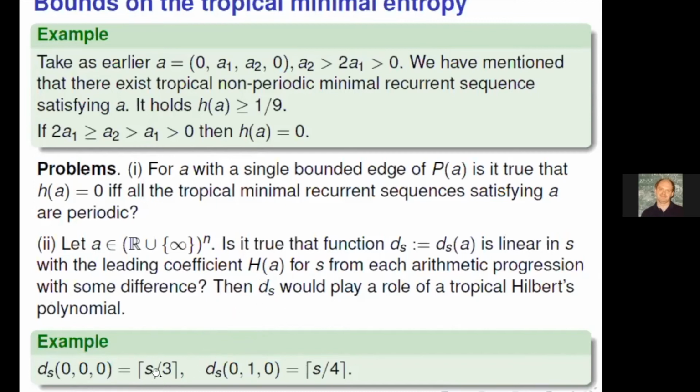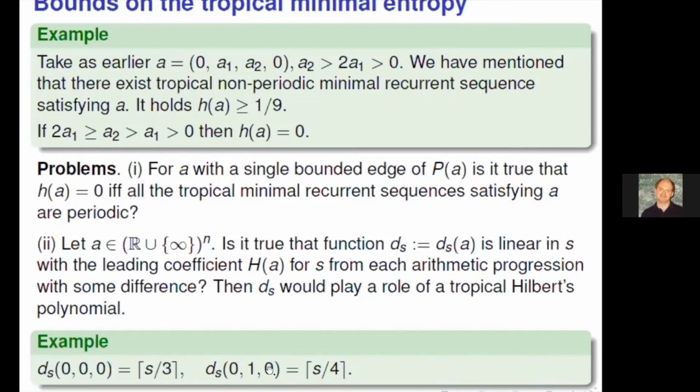Well, I did not mention it here, but in some sense it's a trivial situation when, in the main theorem from the first part of the talk, the Newton polygon is regular. So now it is non-regular, and then we have a positive entropy. So here entropy is 1/3. Here entropy is 1/4.